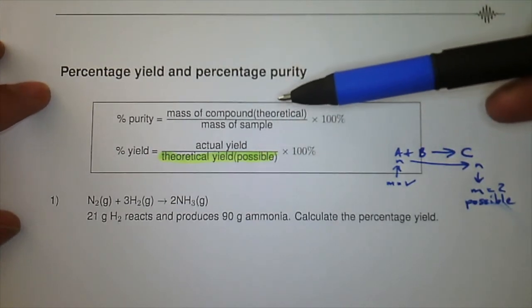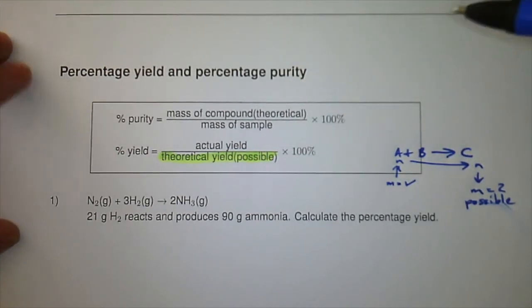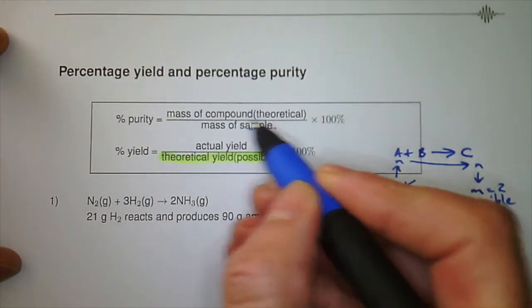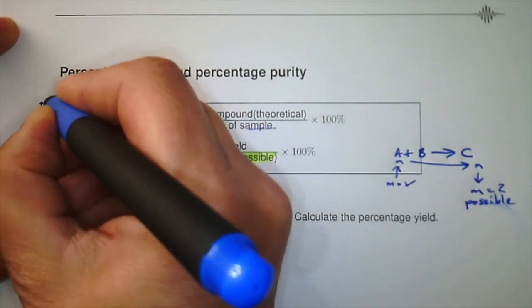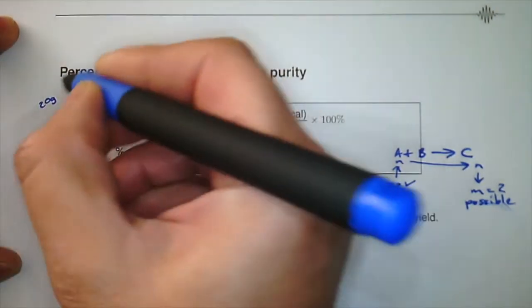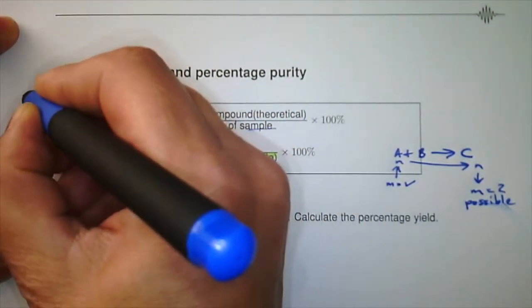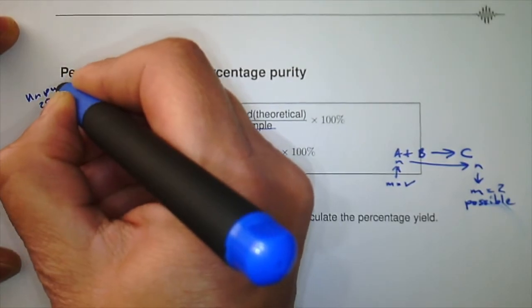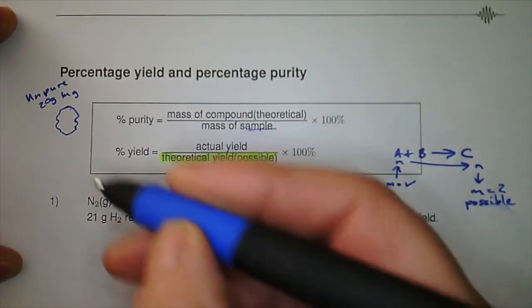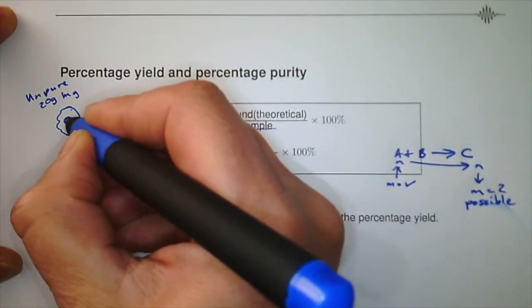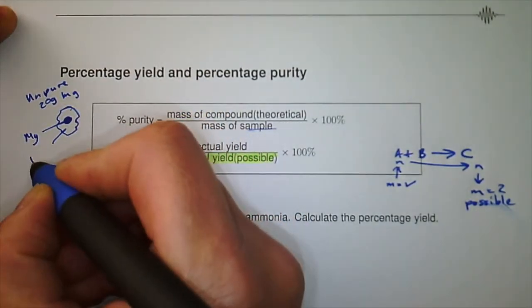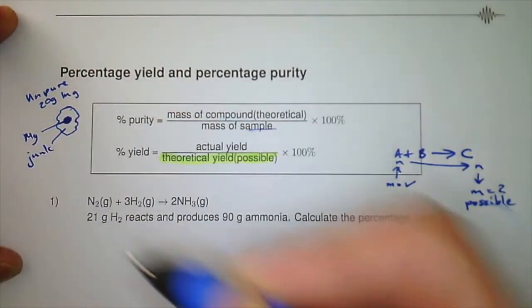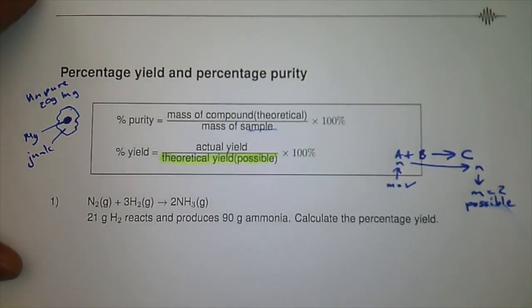Then percentage purity, you are given something, a sample of something, and if you think about a sample, say for instance they tell you you've got a 20-gram sample of magnesium, but they tell you that it is unpure. Now if it's unpure, it means some of that in there is magnesium, but some of that, let's say it's junk, not necessarily junk, but something that reacts differently.